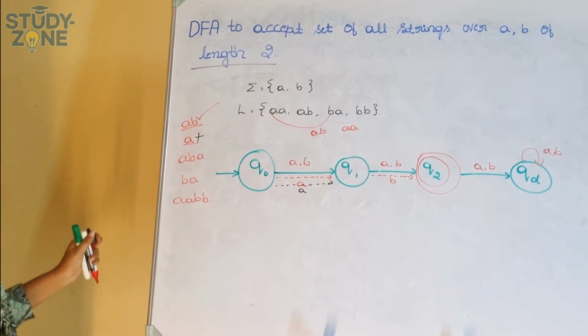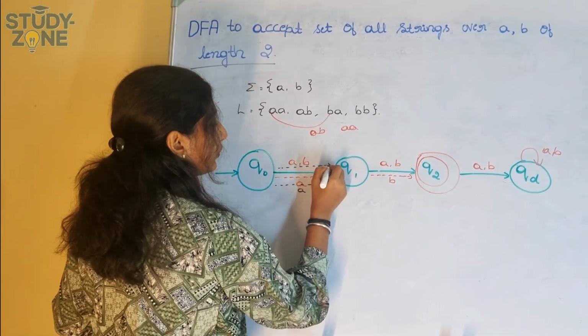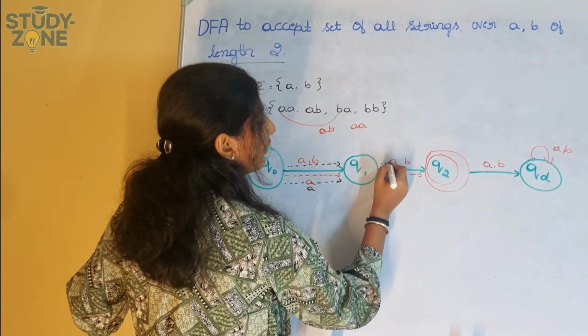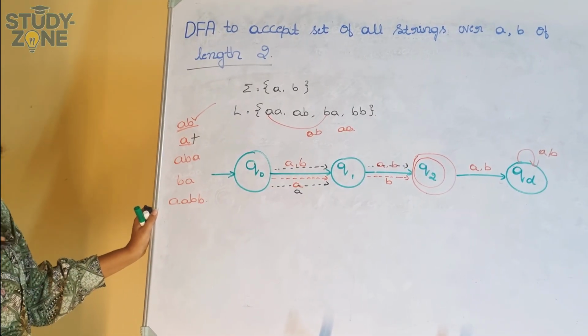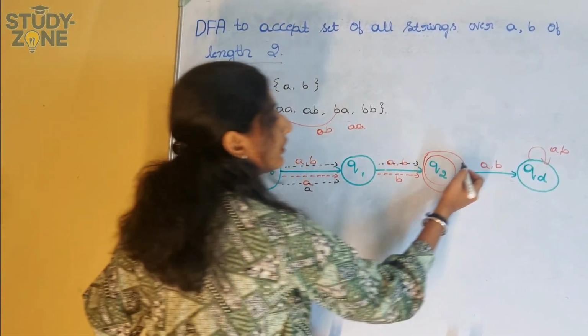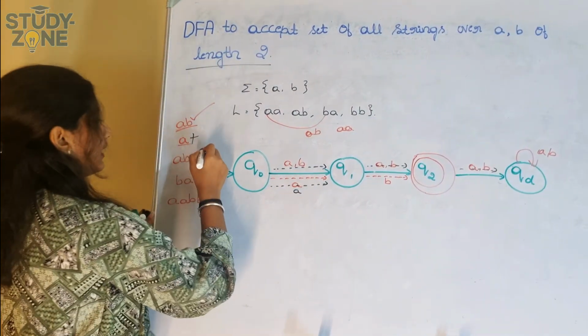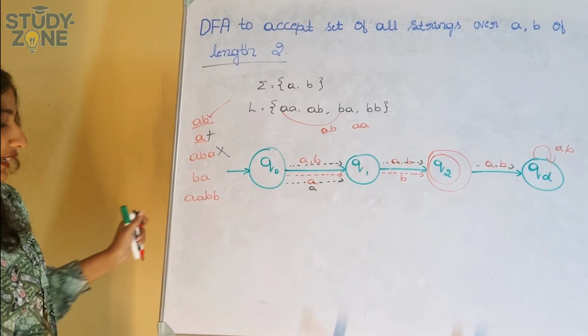Now I have A, B, A. So Q0 on A moving to Q1, and then we have B, Q1 on B moving to Q2, and Q2 on A, it is moving to the dead state. So the string will get trapped in the dead state and it is rejected. So this is also correct.